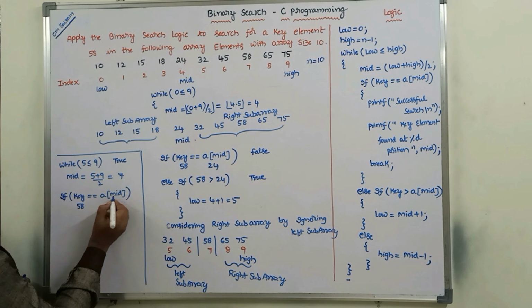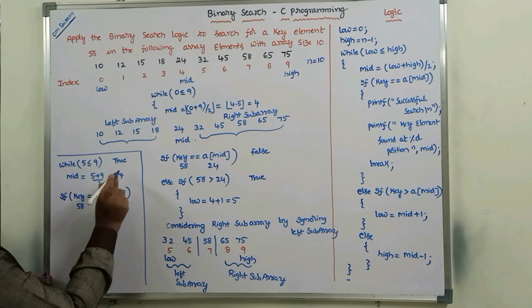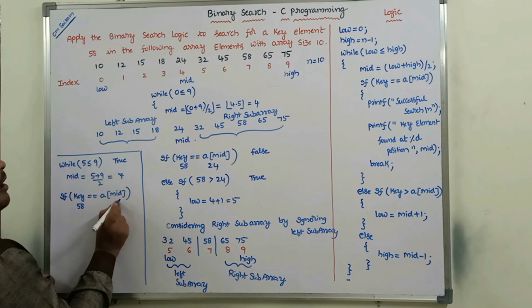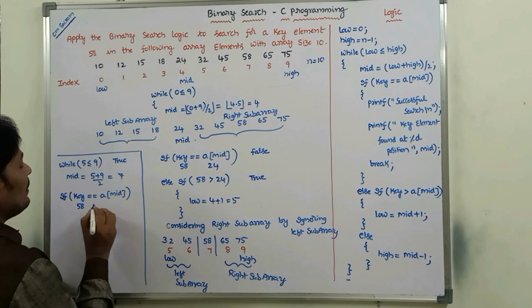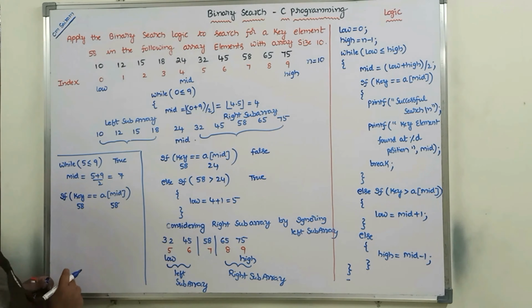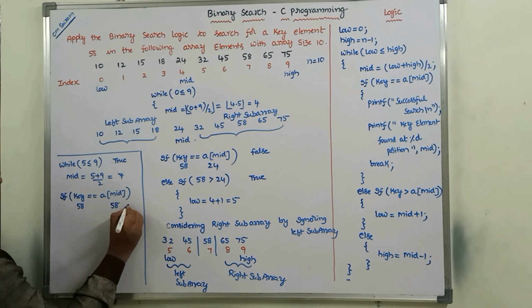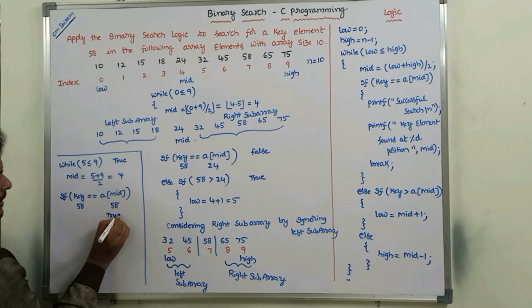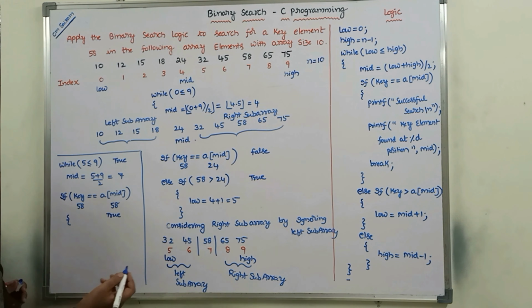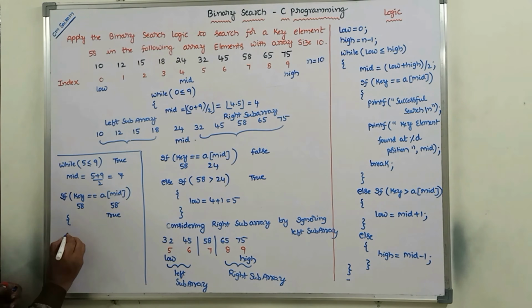A of mid, that means a of 7. Mid value is 7. A of 7 element is 58. So 58 equal to 58. So condition true.